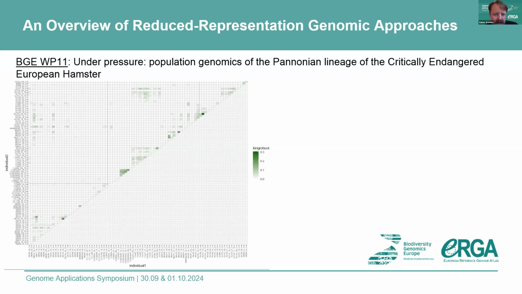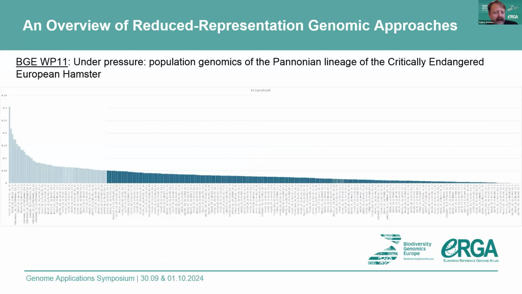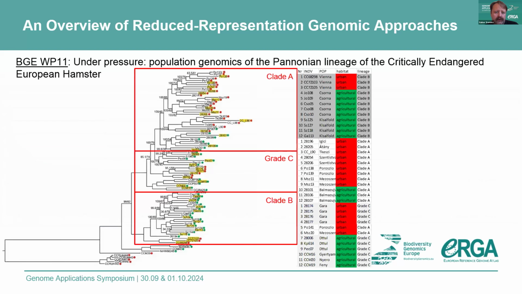And from this heat map, you can see there are some individuals which are closely related. And what we did, we simply excluded the left part of this bar chart, which shows the more closely related individuals, and picked the individuals from the right side, which are less closely related. And this is our choice.